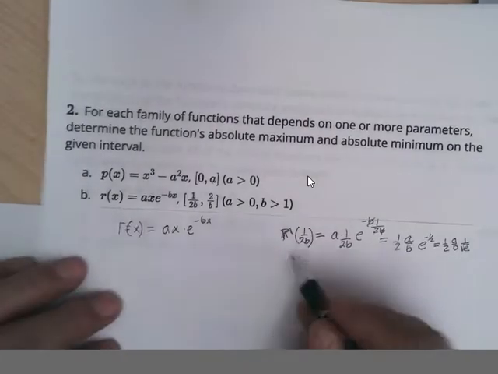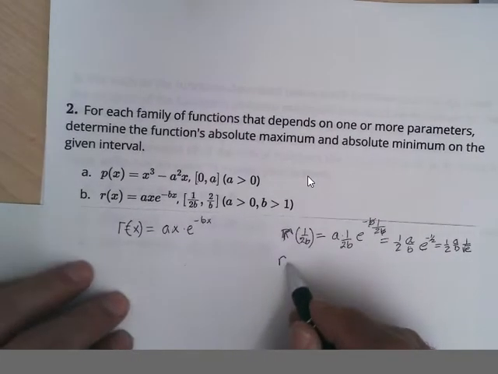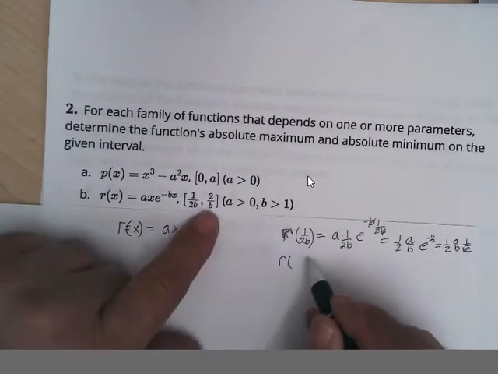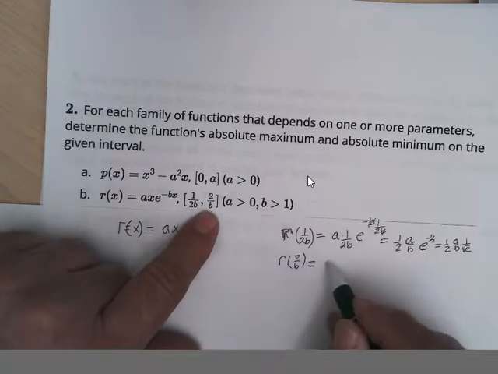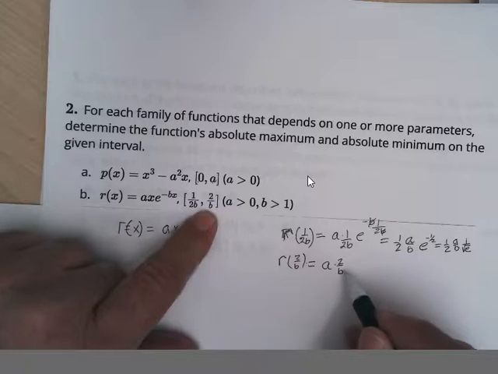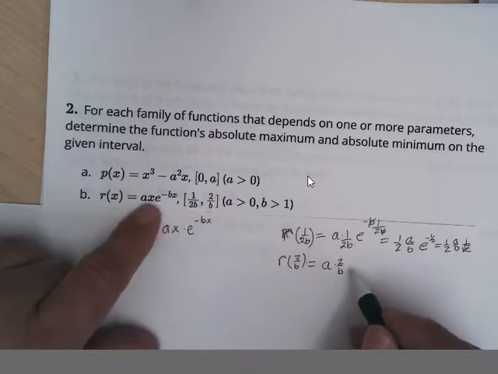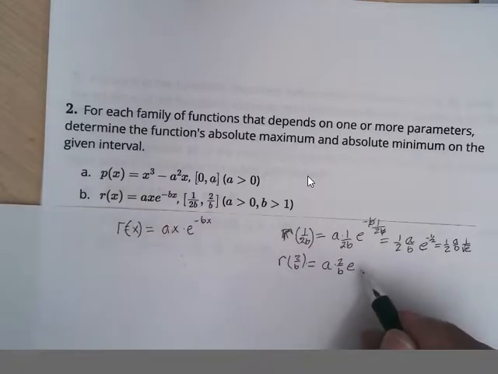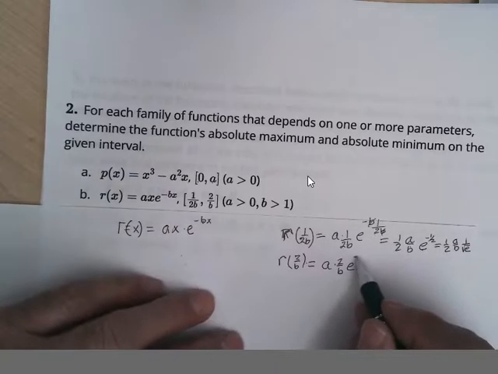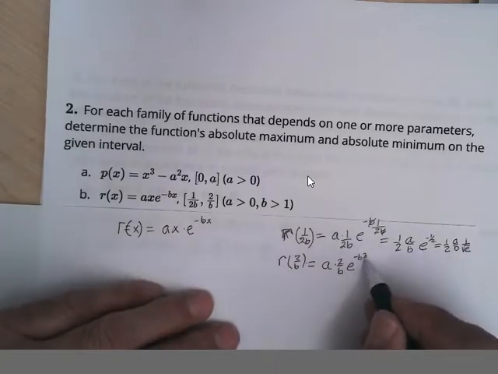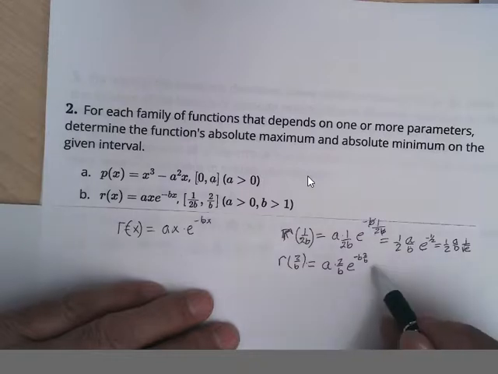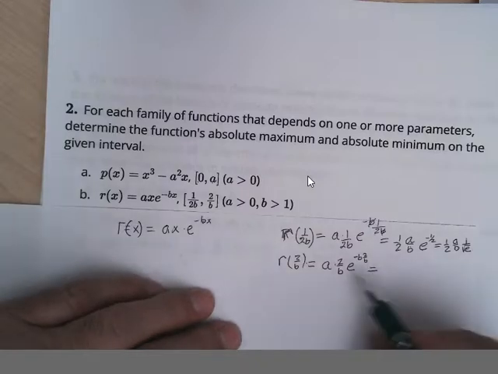Okay. And r of the other end, which is 2 over b, would be a times 2 over b, in for the x, e to the minus b times 2 over b, which equals 2 times a over b.